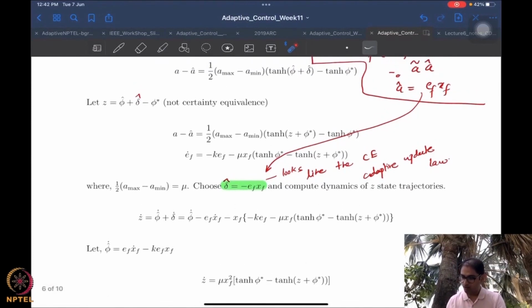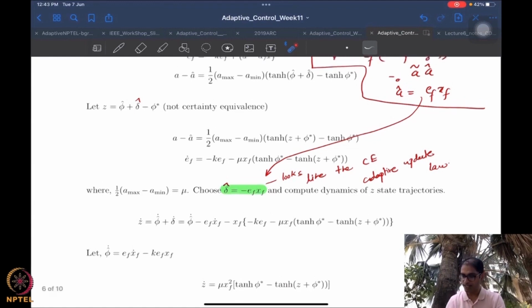We actually don't use a Lyapunov function in this case to get a phi hat dot. At least not yet. We don't go to the Lyapunov function at all. So we directly compute z dot.